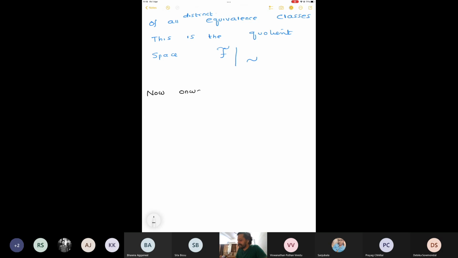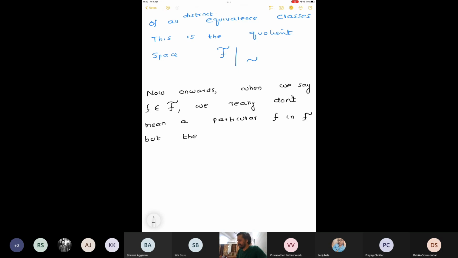Now onwards, when we say f is in script F, a single function is in script F, instead of f, you can take any element in square bracket f. We really don't mean a particular f, but the entire class.